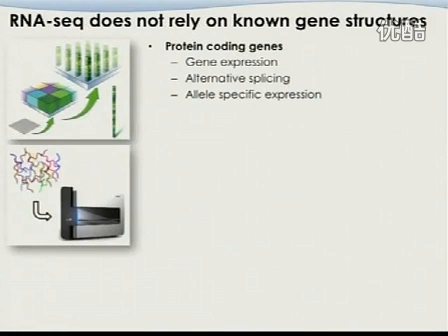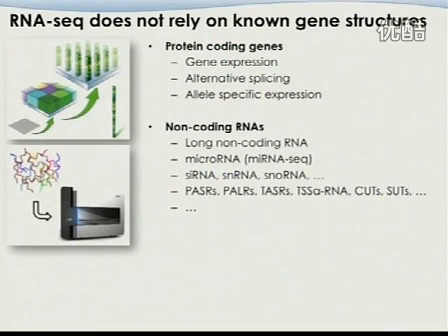Another thing is that RNA sequencing doesn't rely on known gene structures, while arrays do. For protein coding genes, we can study gene expression, alternative splicing, or allele-specific expression. For the non-coding RNAs, this is the most important part. You can study long non-coding RNAs, microRNAs, or various forms of novel RNA species that we have never heard about.